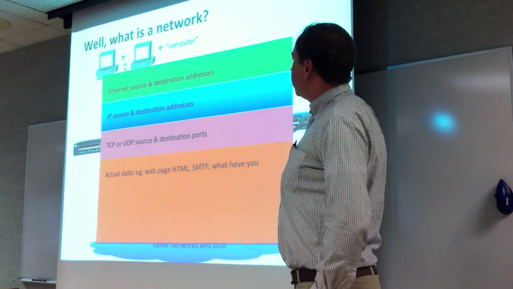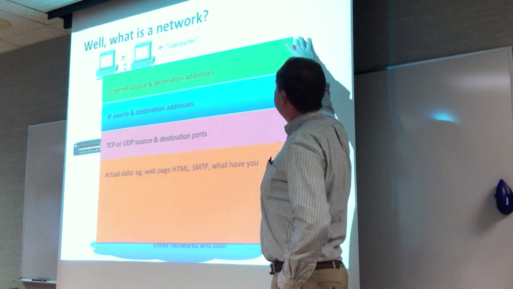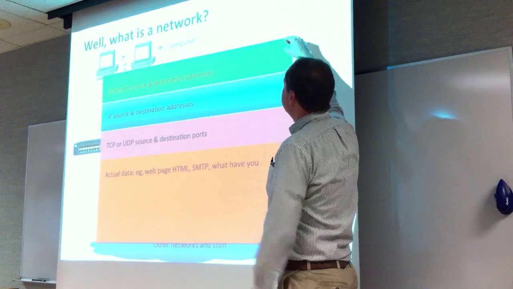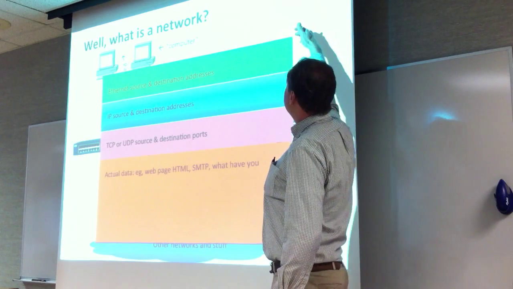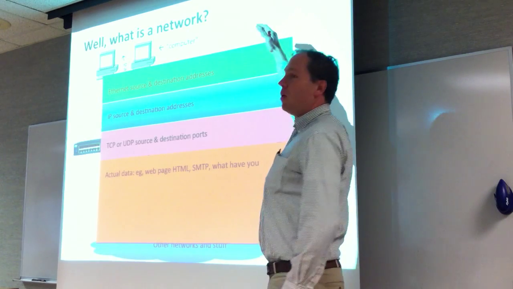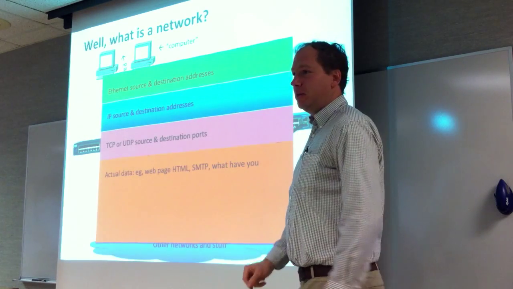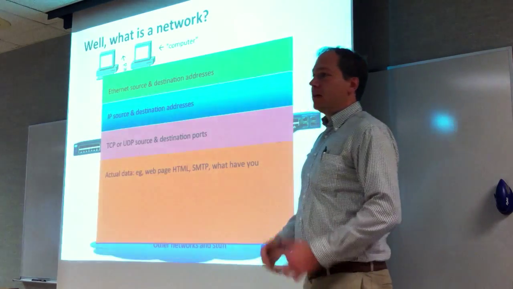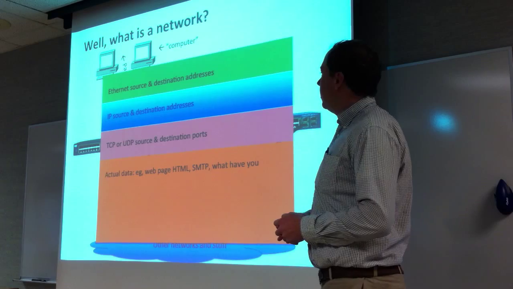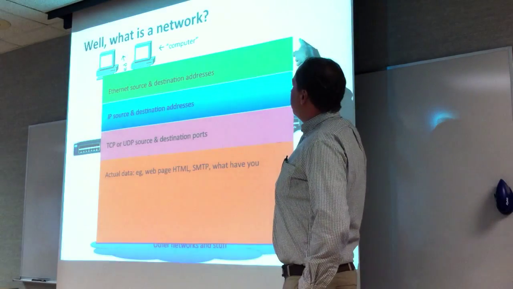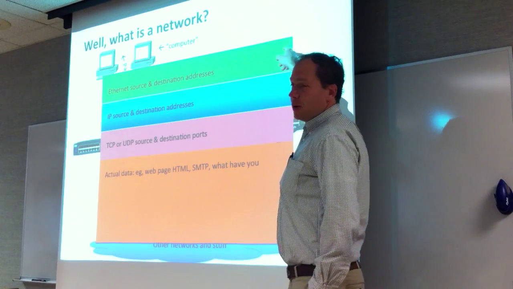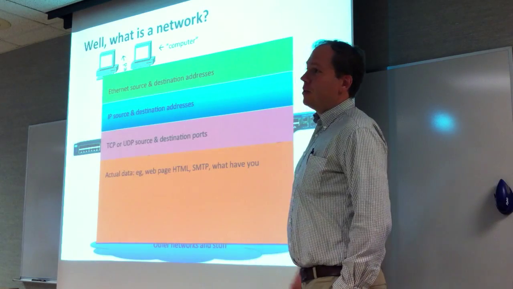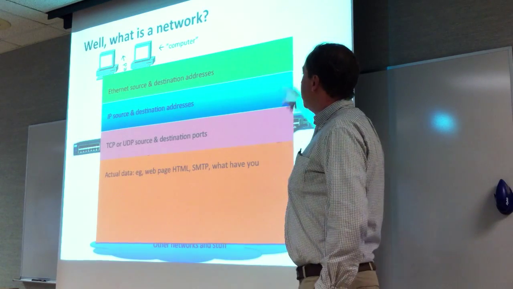This is what a packet looks like. First, it's just a block of data that is sent over a physical medium. So that could be wires, that could be radios, that could be fiber optics, could be whatever you come up with, in order to signal ones and zeros. You could do it with smoke signals for that matter.